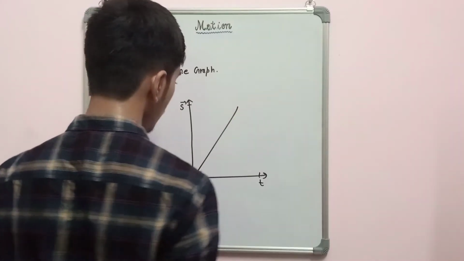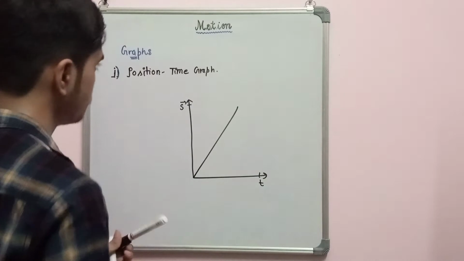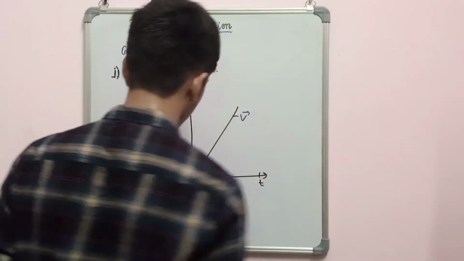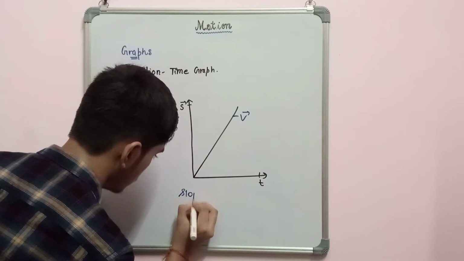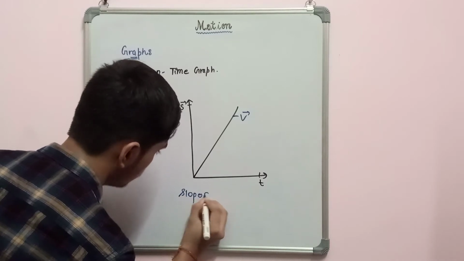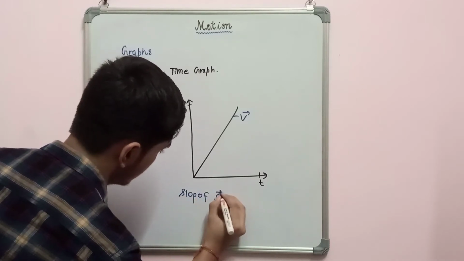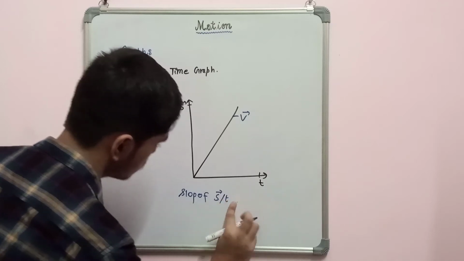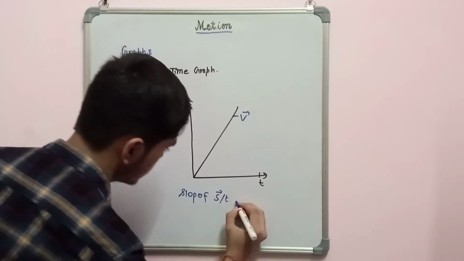Now, what will the slope give us? This will give us velocity. So write it down: the slope of the ST graph is velocity. This is a vector I am representing.